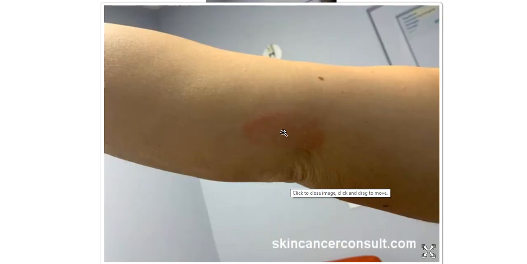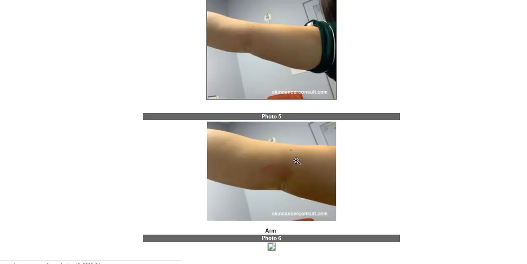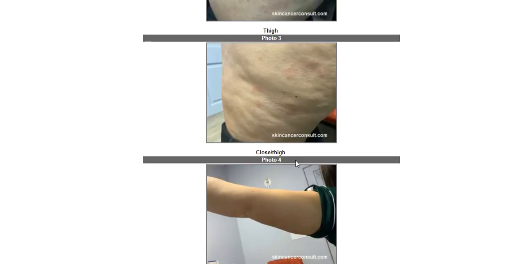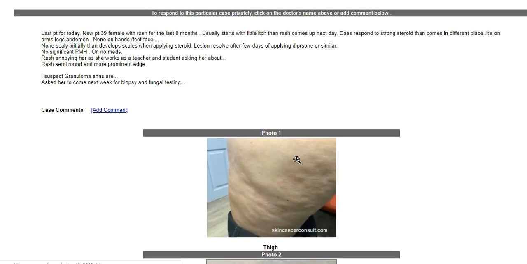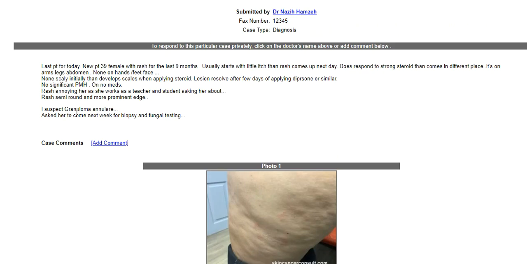Yeah, it looks a bit of clearing in the middle, and perhaps a little bit more inflamed. I'd certainly take scrapings of this. I think you want to certainly exclude a fungal infection on that sort of presentation. Yeah, if you've got scale, it's not granuloma annulare.